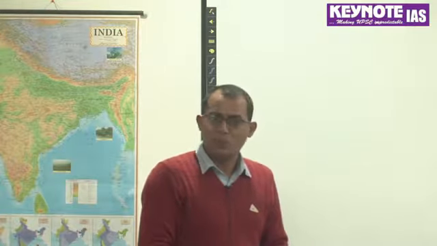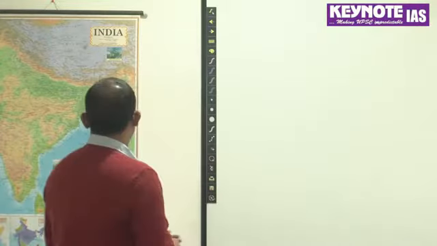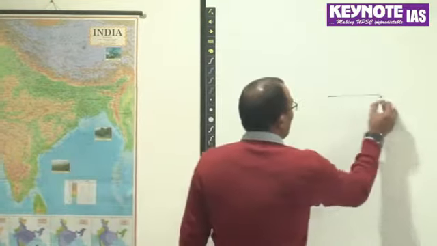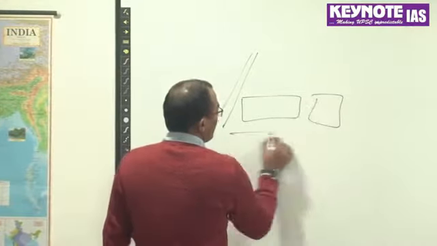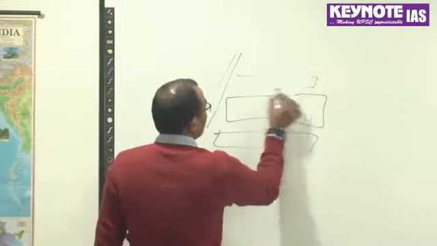Obviously, that will be a part of the discussion in the northern plain when we talk about it. Right? So you can see there the Malwa plateau, this side Aravali, this side Bundelkhand, this side Vindhya, and then Vindhyan Scarp.